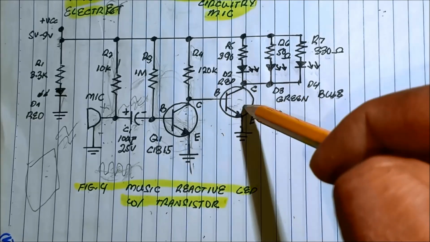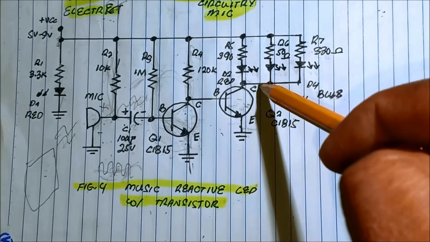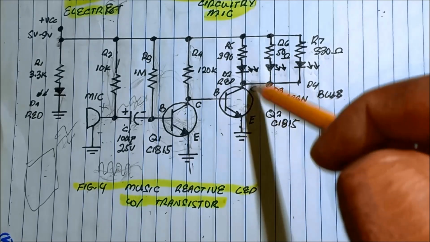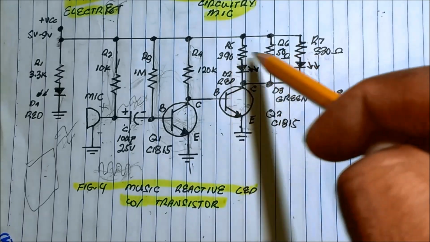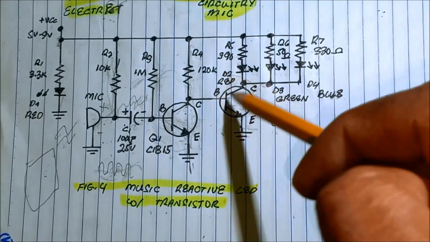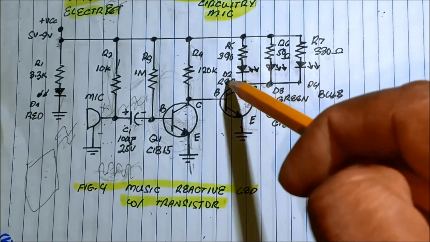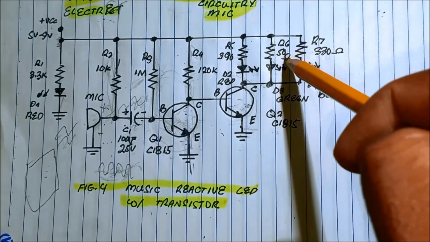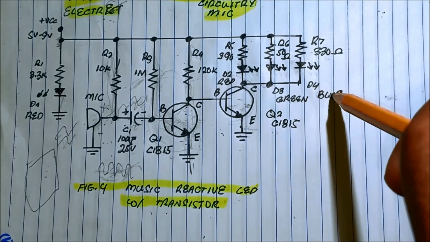At the same time, this transistor serves as a constant current driver of the LED to produce a constant current for each LED. We need a driver. This is the transistor. So our LED here is 390 ohms for the red, 50 ohms for the green, 330 ohms for the blue.